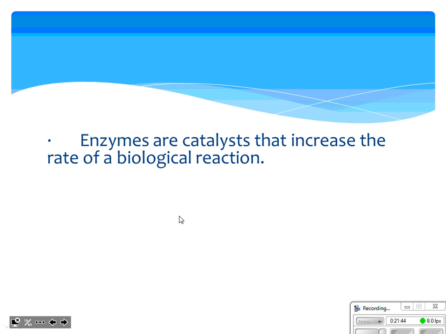We just talked about enzymes. I told you an enzyme is a catalyst that increases the rate of a biological reaction. I'm sure at one time or another you've had liver, and the reaction of liver was breaking down the hydrogen peroxide. You did that in biology class at one time or another.